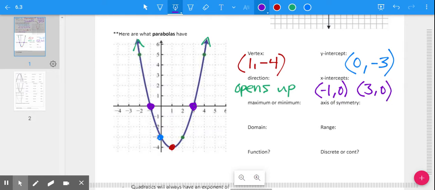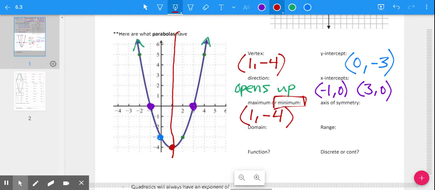So our next question is, does it have a maximum or a minimum? Maximum is the highest point. This goes up to infinity, so there is no highest point. Minimum, yes, it has a lowest point. Our lowest point on this function is (1, -4). Now the axis of symmetry is where would you fold this line in order to make two equal halves? So we have right along this line.